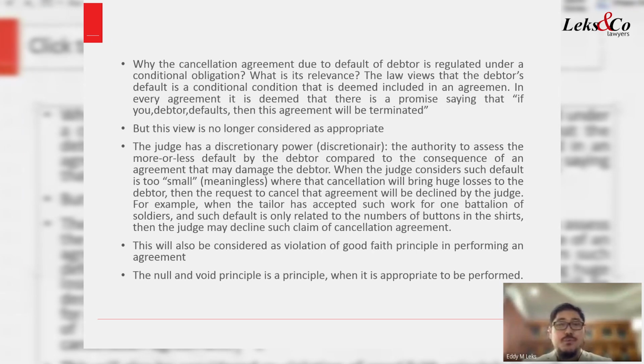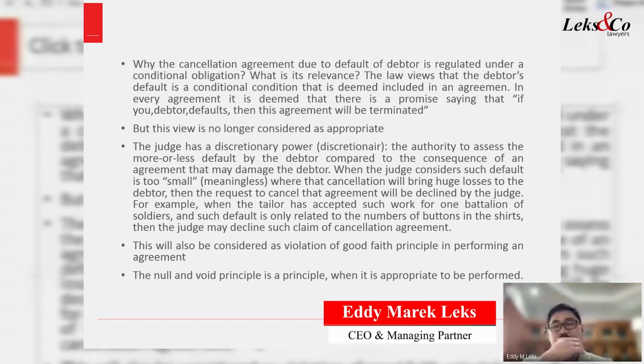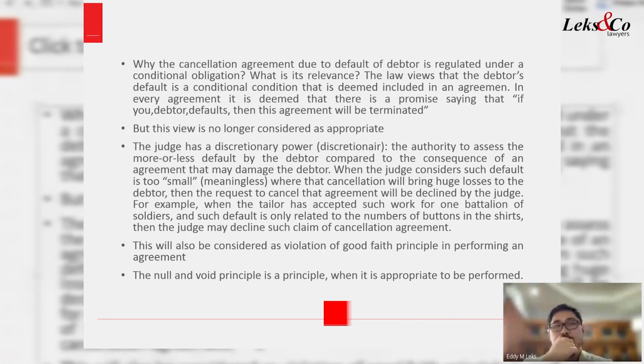And what is important is the third point in here. When the judge considers such default is too small, the Professor Subekti discusses this matter because to him, if the agreement is considered null and void just like that, it will be unfair to the other party that is defaulting.